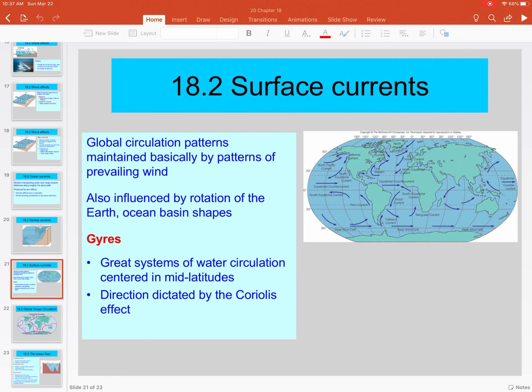But all of these arrows represent an ocean current that we can see. So you have the West Wind Drift, the Falkland Current, the Brazil Current, we have the North Pacific Current, California, and so these are all going to be examples of currents that we know of.